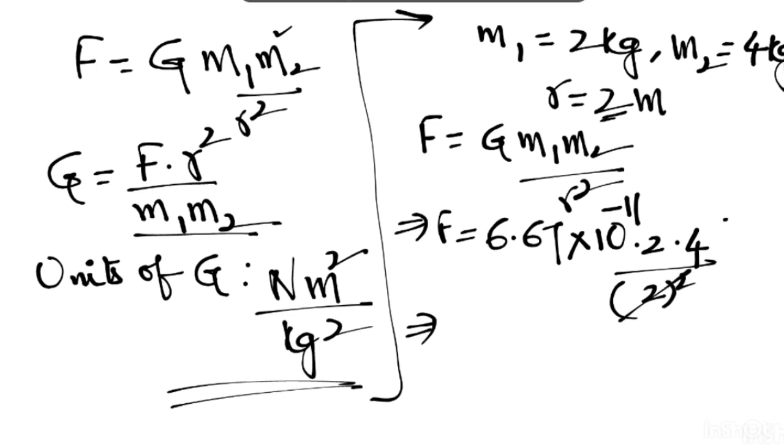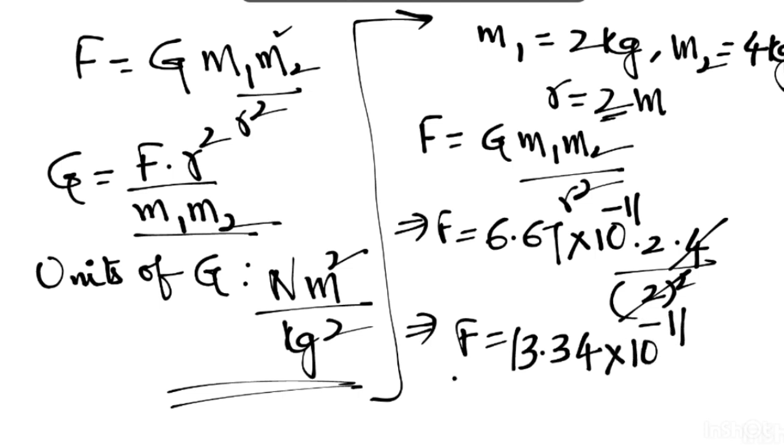So this 4 and this 4 get cancelled. You will get F as 2 into this much. 2 sevens are 14, 13, 13. So it is 13.34 into 10 power minus 11 Newton. While doing calculations, you must take care to substitute the values, because the units should be in the same format.